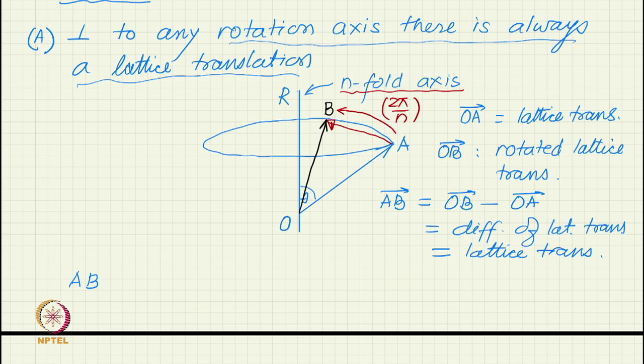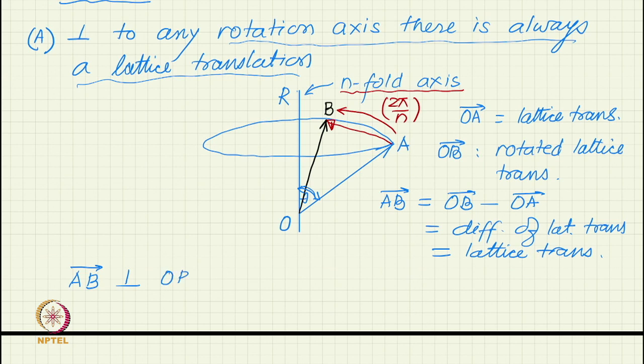It has to be perpendicular in any rotation, because it will form the surface of a right circular cone of half angle theta. So, the circle which I have drawn, the rotated vectors have to be on that circle. So, that is on the base of this cone, and OR is the axis of the cone. I am just giving you a hint, there are many ways you can show that AB will be perpendicular to OR.